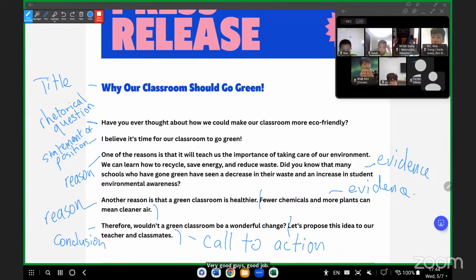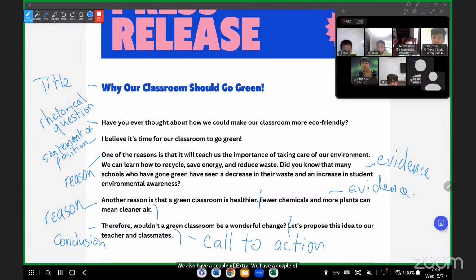So we see that even in just these short little pieces of persuasive writing, we see all four of these key parts of a piece of persuasive writing. And even in these short pieces, we also have a couple of extra parts to it.